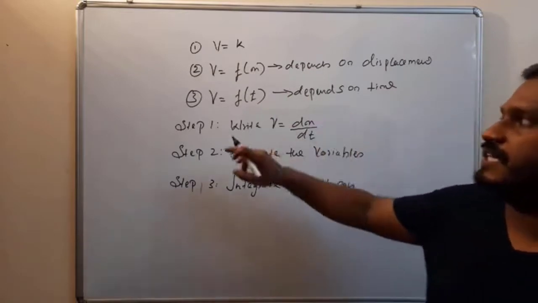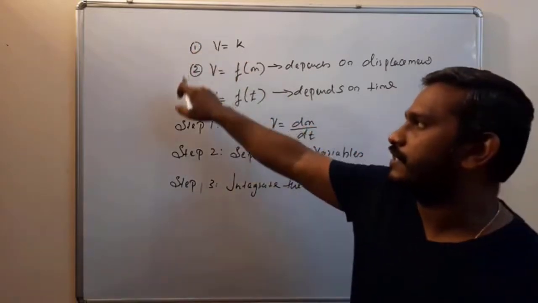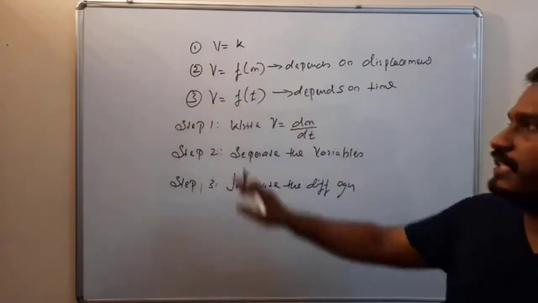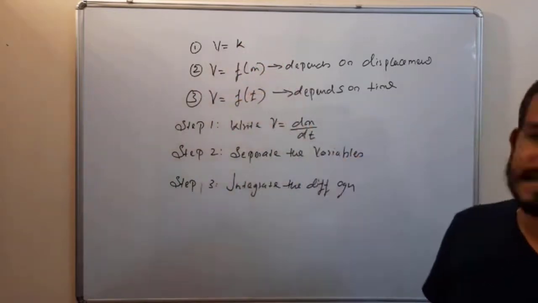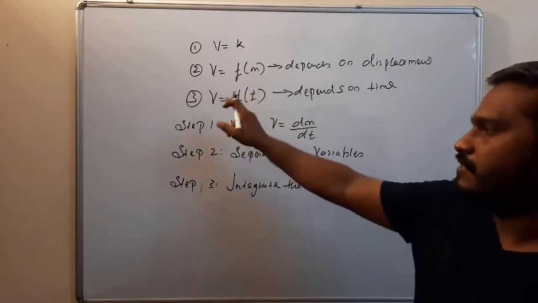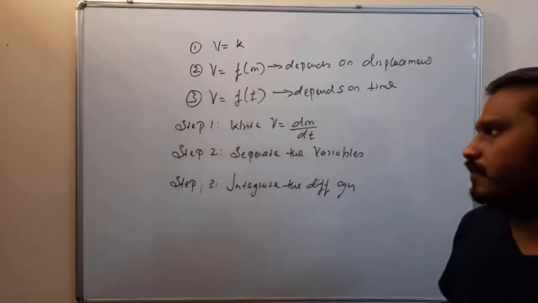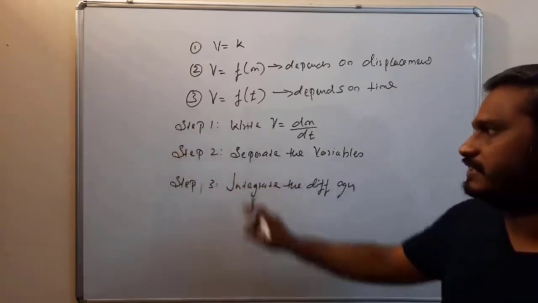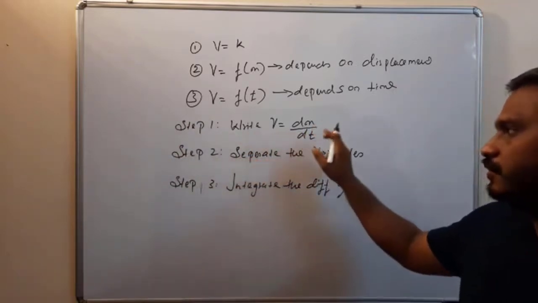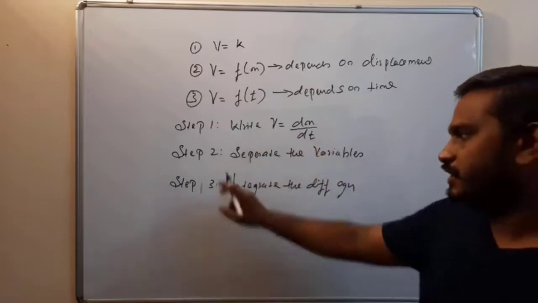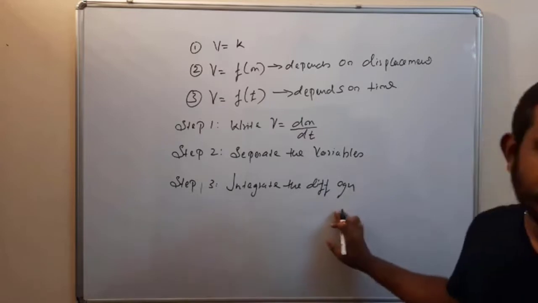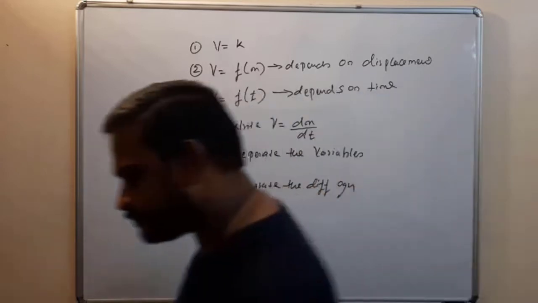Instantaneous velocity will be given in one of three forms: a constant, v is equal to f of x, or v is equal to f of t. Follow these three steps: first, write v is equal to dx by dt; second, separate the variables; third, integrate the differential equation.